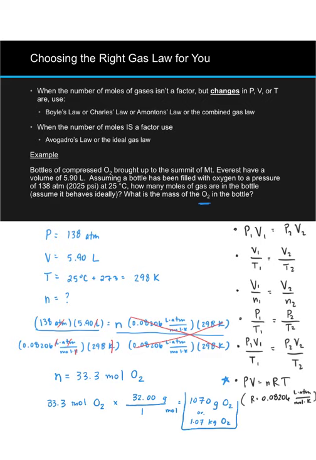Either way is just fine to express this. 1,070 grams, or 1.07 kilograms, is about 2.5 pounds. So that's 2.5 extra pounds just of breathing oxygen.